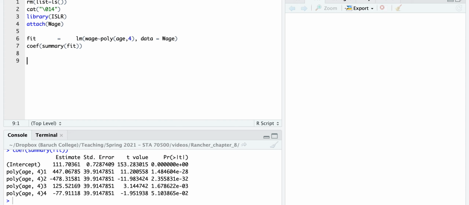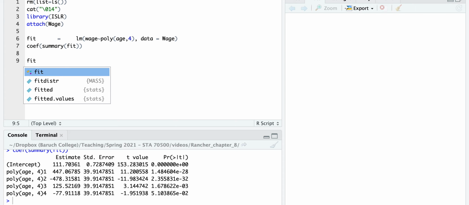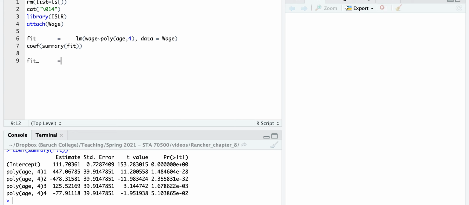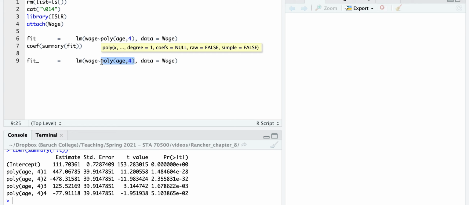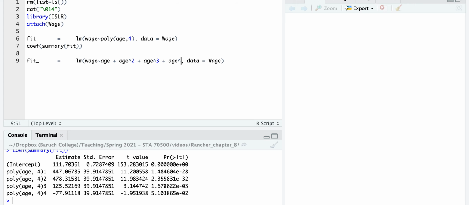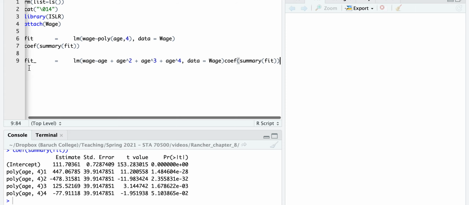Now we could fit an alternative and equally write age to the power of 2 plus age to the power of 3 plus age to the power of 4. And then we can get these coefficients.